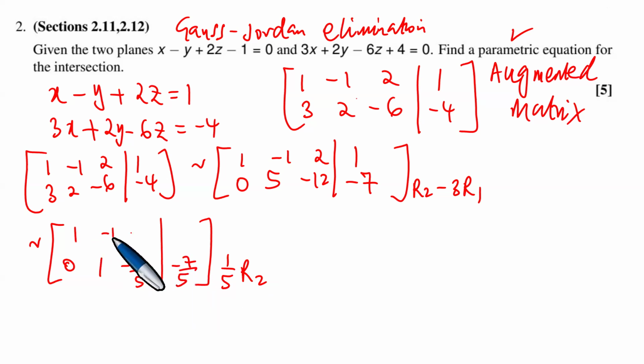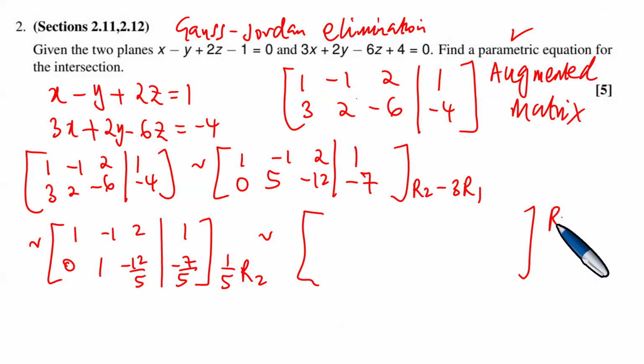And then we have 1, minus 1, 2, 1. And then now you have row 1 plus row 2. And then we have 1 plus 0, which is 1.